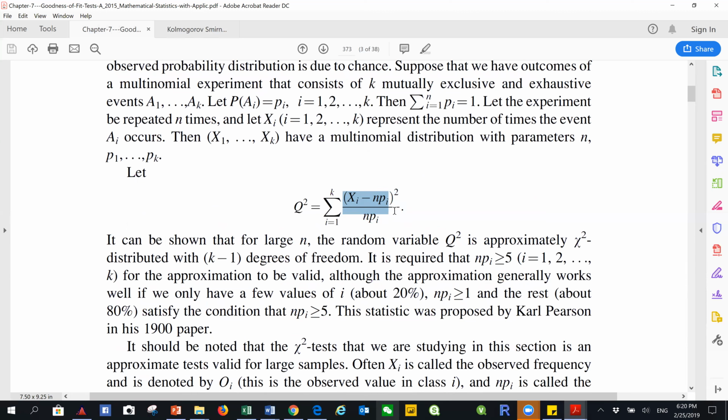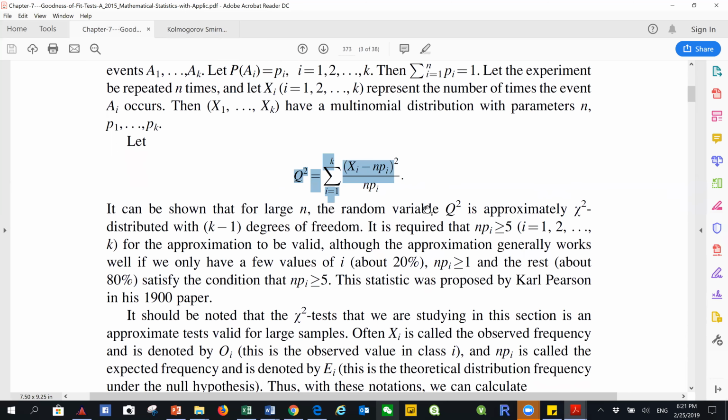If the closer they are to each other, if all these values are identical respectively, p1 n is close to x1, p2 n is close to x2, and so on and so forth, then chi-square will be very small. All right, this is the rationale.